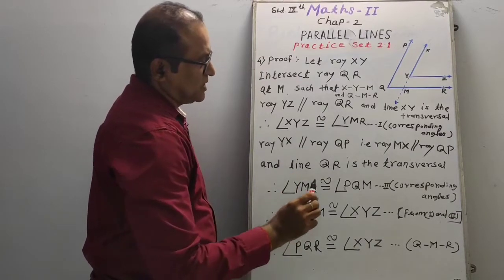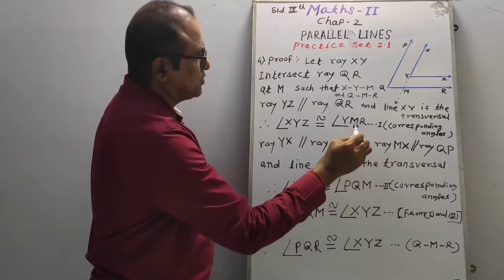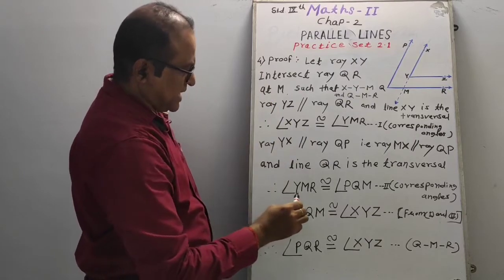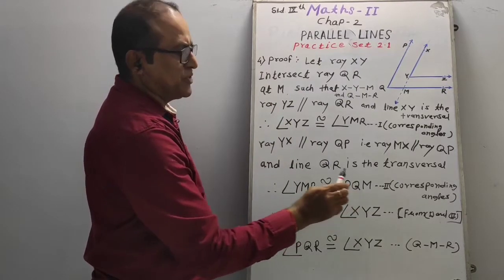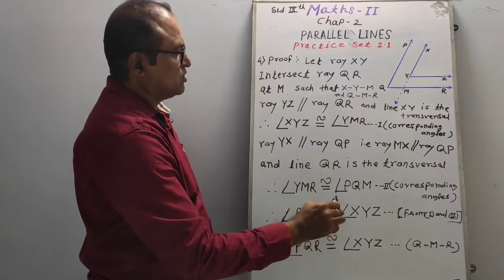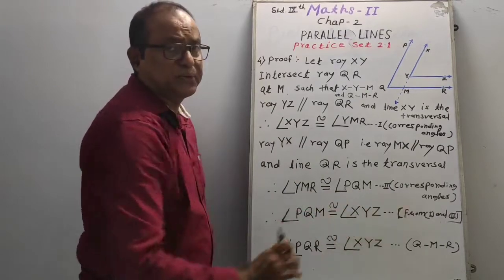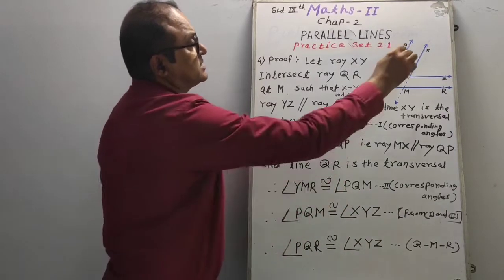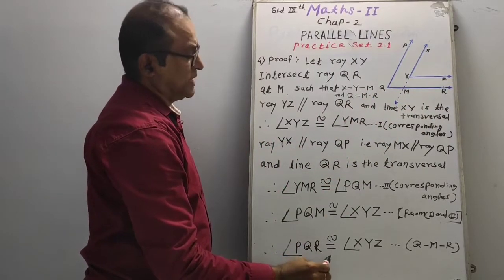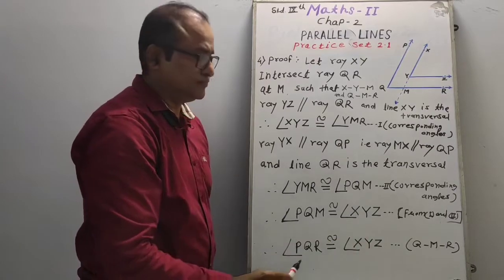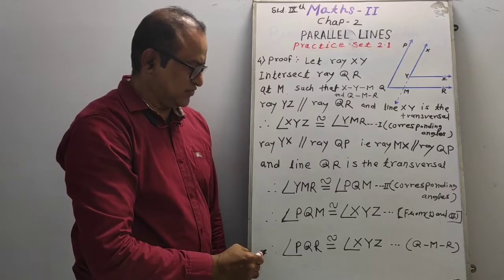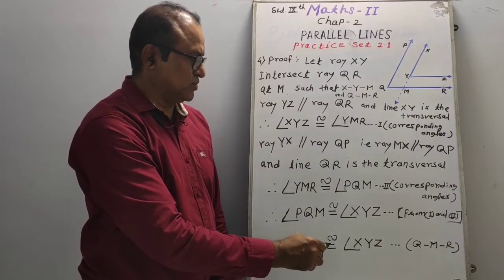Therefore, from 1 and 2, angle YMR is congruent to angle XYZ and YMR is congruent to angle PQM. Therefore, angle PQM is congruent to angle XYZ from 1 and 2. PQM means PQR. Therefore, angle PQR is congruent to angle XYZ. Hence, we proved it.